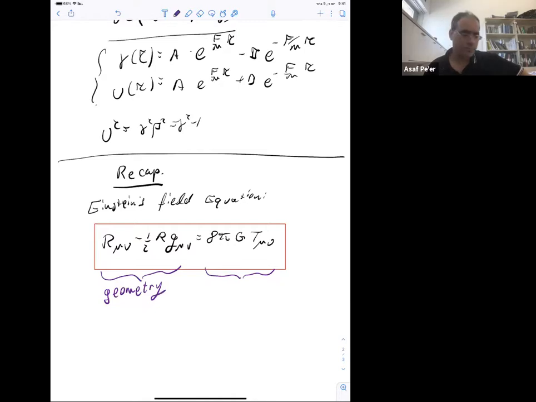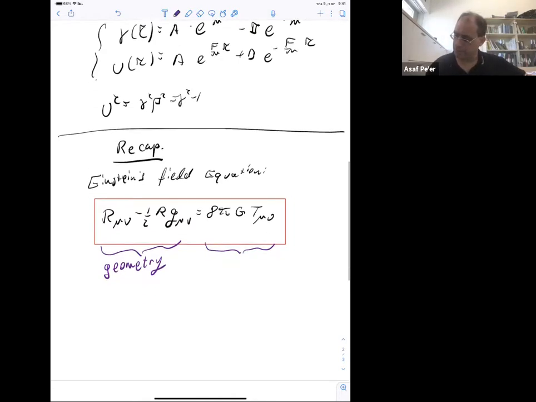T mu nu, the stress energy tensor, so matter or physical. This equation essentially tells us, given the distribution of material in the universe, or in space, how this material acts to curve the space-time, right?